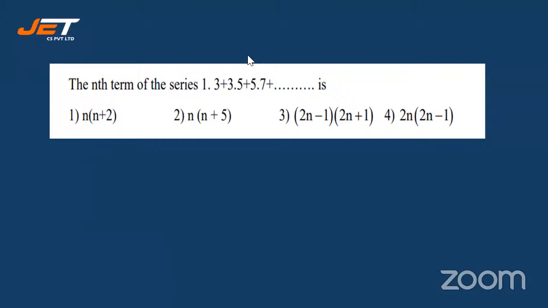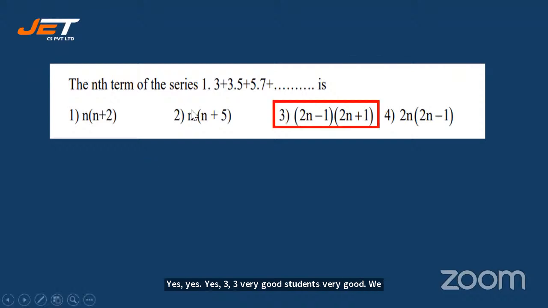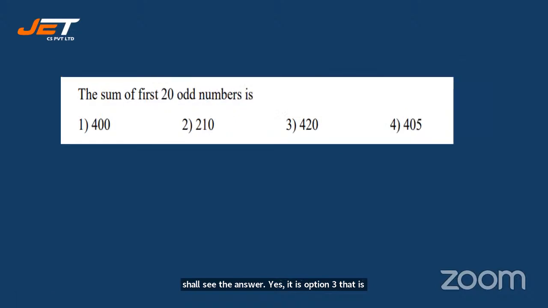Yes, three. Very good, students, very good. We shall see the answer. Yes, it is option 3, that is 2n minus 1 into 2n plus 1. Let us move to the next question.